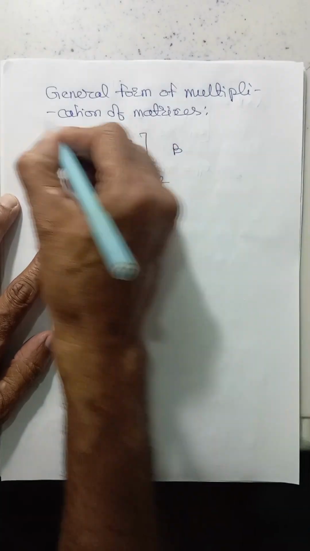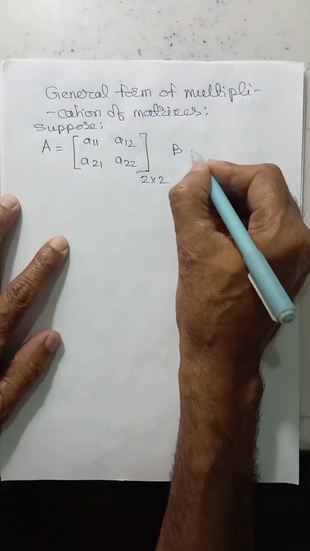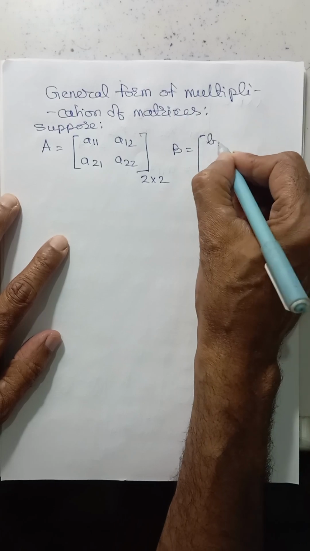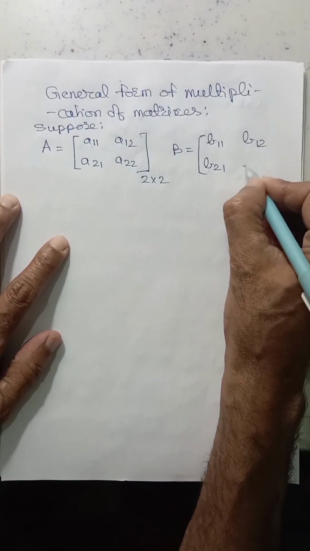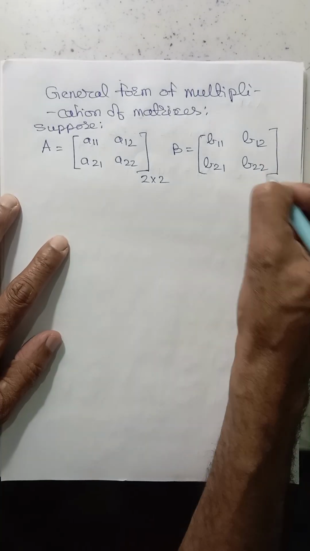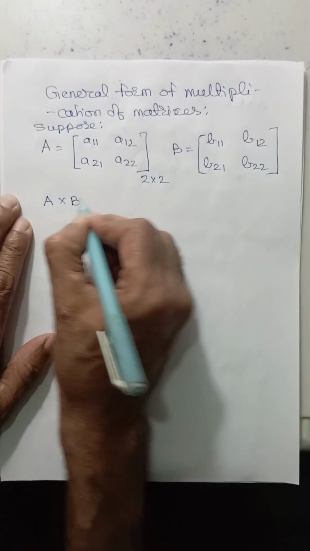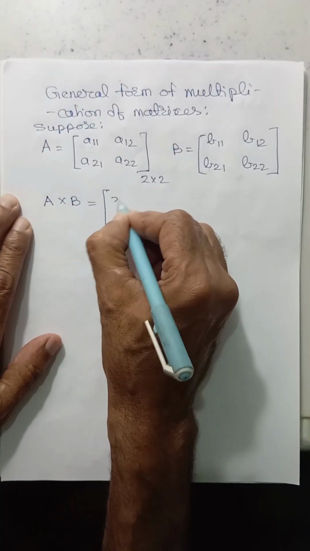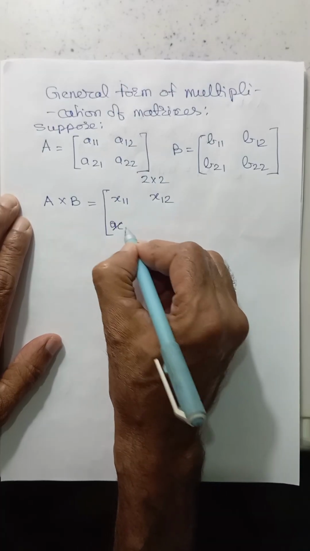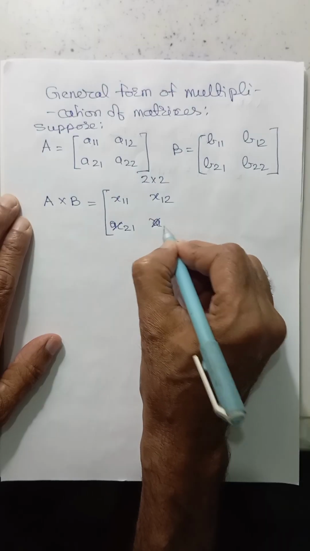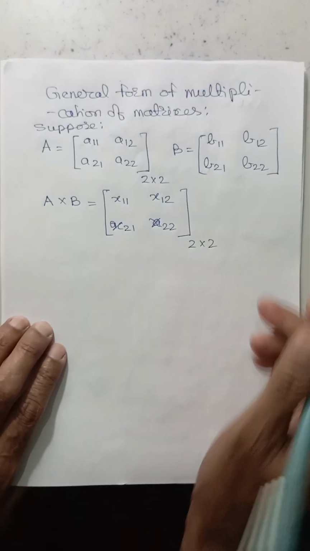And suppose B is equal to B11, B21, B12, B22. Suppose that after multiplication the result is x11, x12, x21 and x22. It will also be a 2 into 2 matrix.